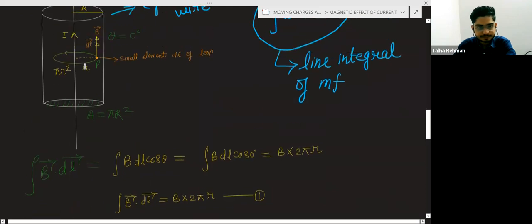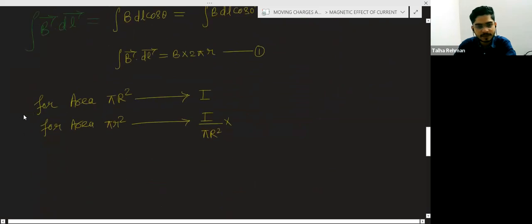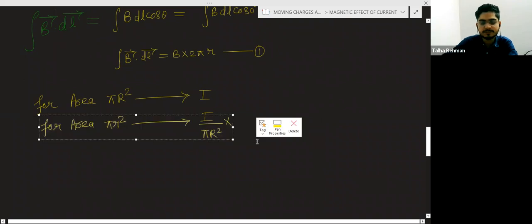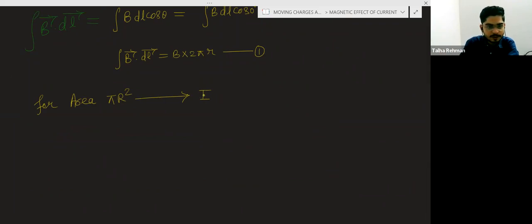You are actually applying the unitary method here. I'm explaining it again. See, for pi R square area, the current is I, and you can say this for the unit area.